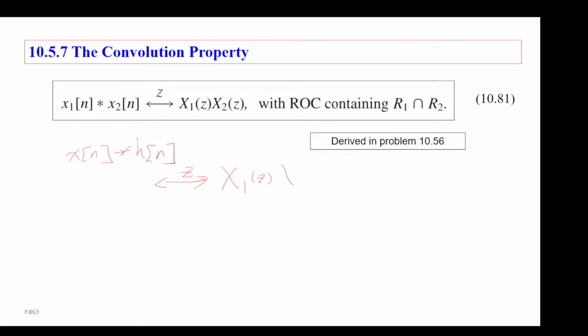Okay. This is what we've been doing since chapter 4. But now we can analyze this for more systems.